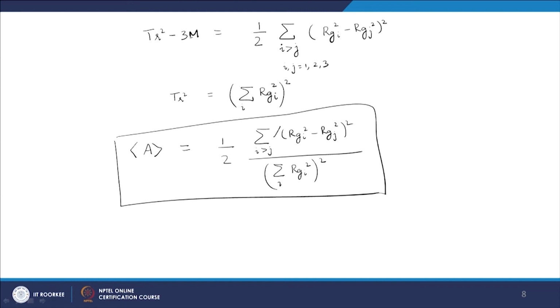And of course, there has to be an ensemble average coming here.